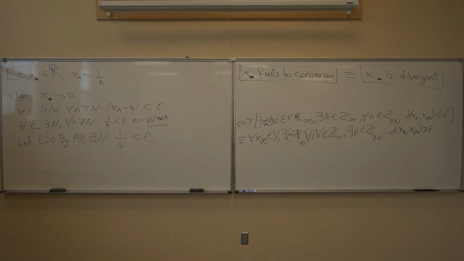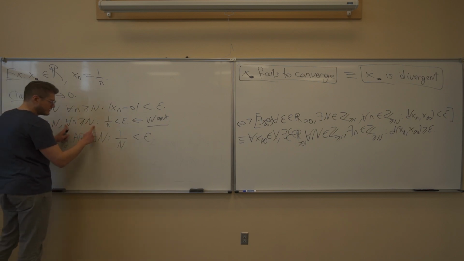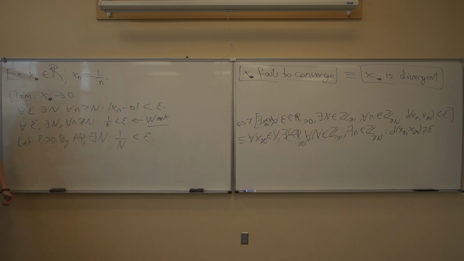Now the question is, so far you see I took an arbitrary epsilon, I found a capital N, but how do I handle this part? How do I say that after this capital N, the same bound holds?